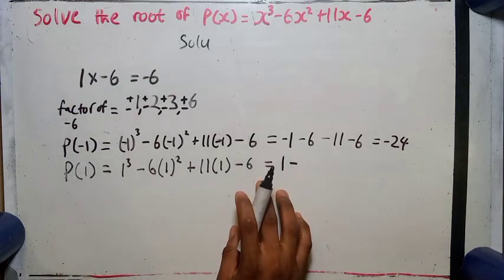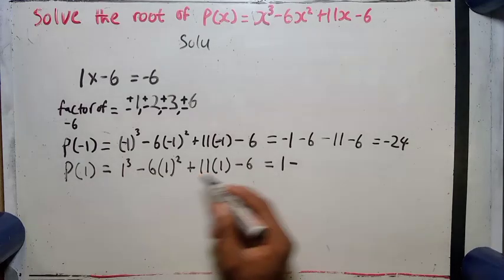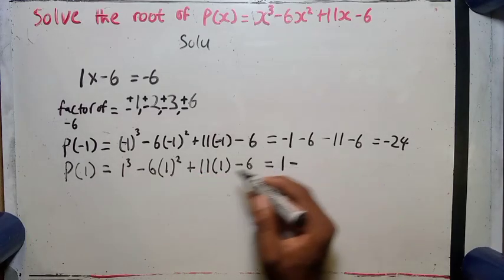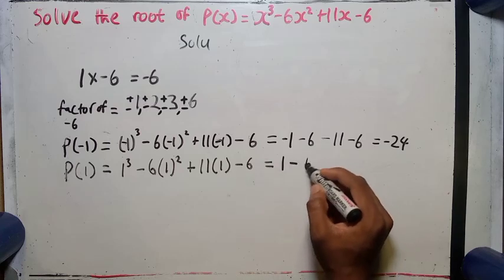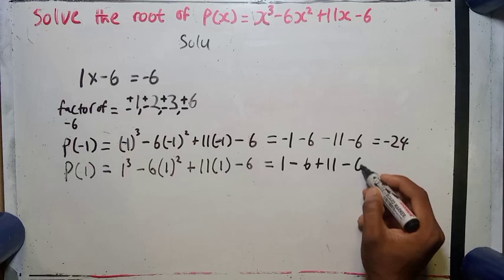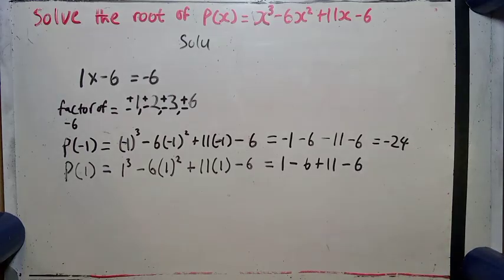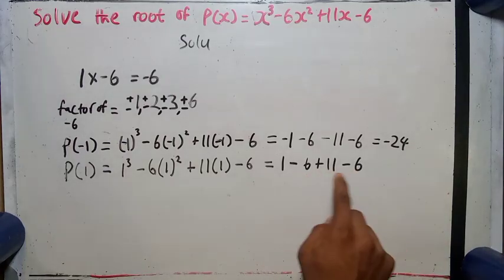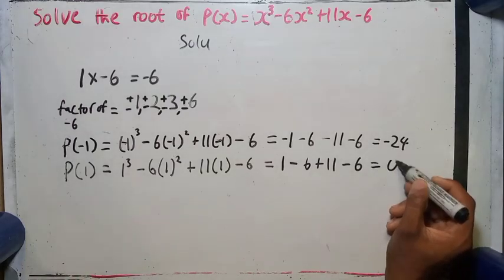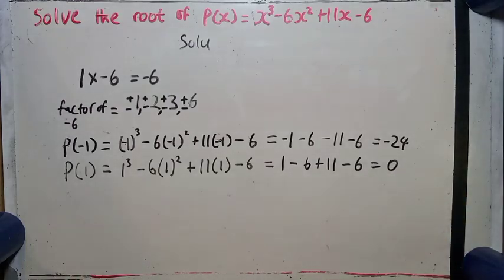For me, you can input your calculator to get your answer. That will make it a bit faster. Now this is -12. This is 12. So this is going to be giving us 0.